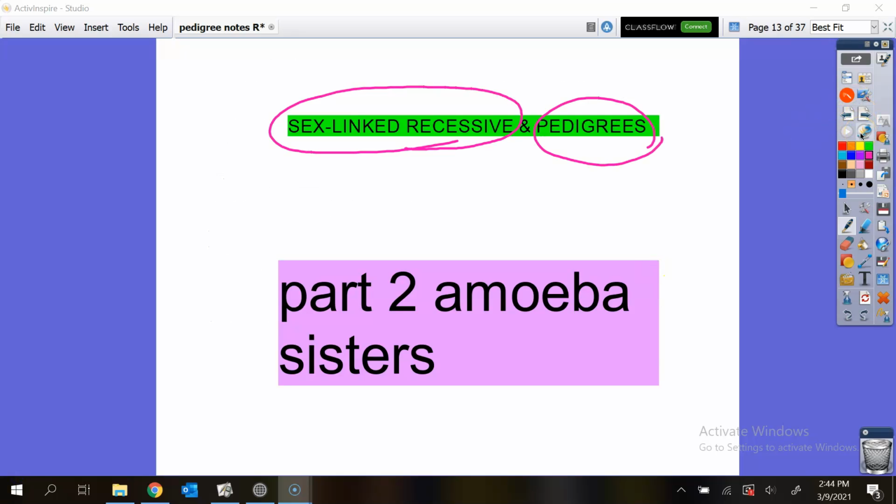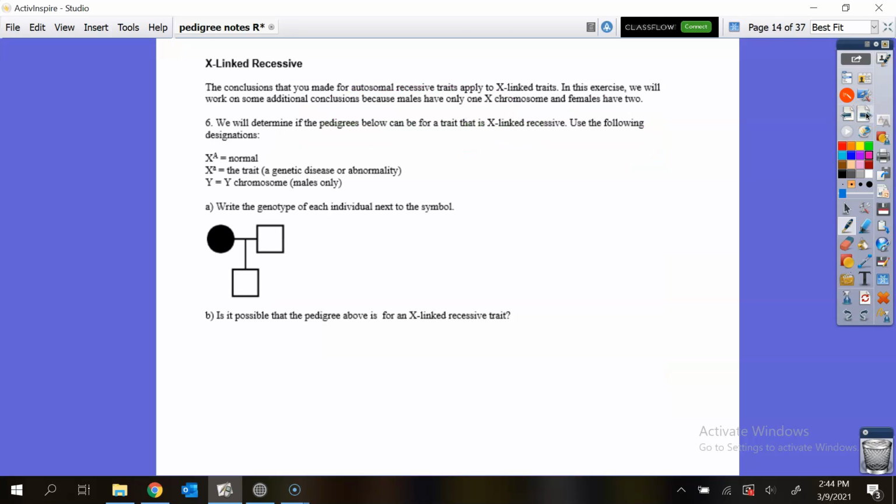Okay, so now that we watched the Amoeba Sisters review of sex-linked traits, now we are going to focus on how to, so remember, they can be sex-linked dominant as well, but this little segment will be on sex-linked recessive. So the conclusions that you made for autosomal traits apply to sex-linked traits. In this exercise, we will work on some additional conclusions because males only have 1 X chromosome and females have 2.